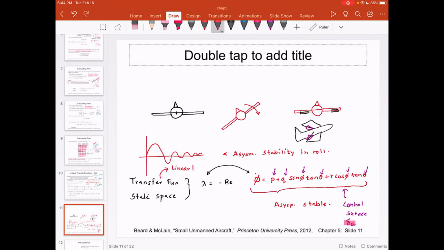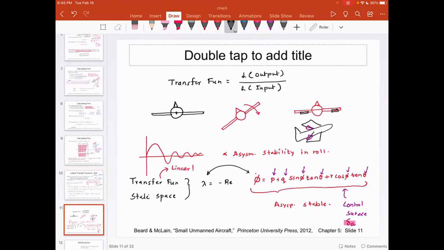The transfer function, as we studied, is the Laplace transform of the output divided by the Laplace transform of the input.